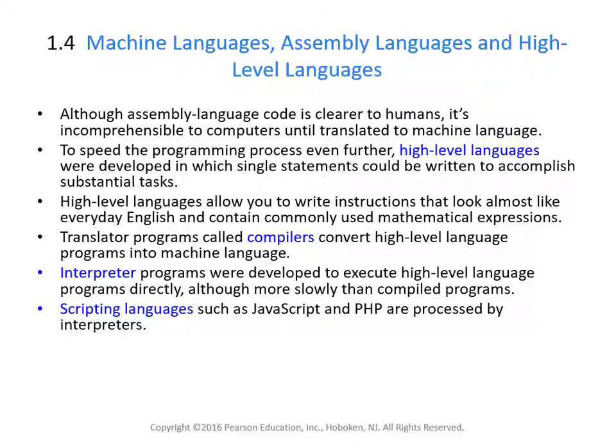Now, things written to run on the internet are typically written in JavaScript or PHP because you don't know what type of computer it's going to be run on at the final end. At one time, Apple used to use Motorola processors, which is now Freescale, and the Windows world all used Intel.